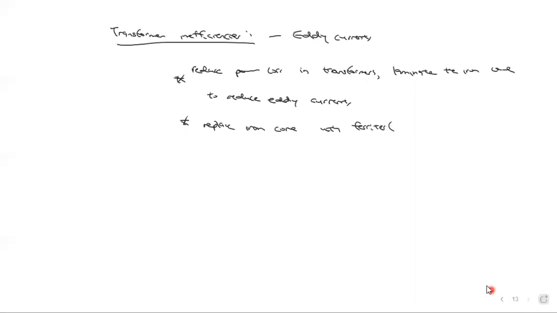The point of that is it allows flux to flow, but not current. That's a reasonable solution as well, because eddy currents require a conductor. And the reason why we need something there in the first place is because we want the flux to get from the primary coil to the secondary coil. If you can let the flux flow but block the current flowing, that would be great.